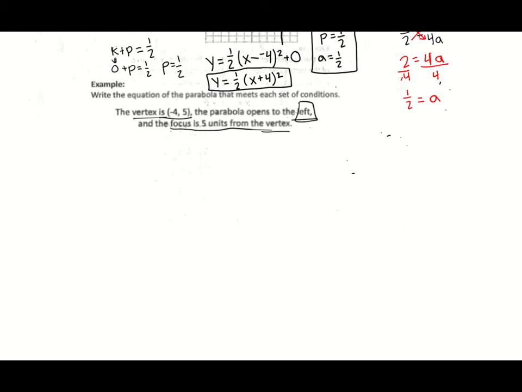That tells me that I'm going to use this equation right here. x equals a times y minus k squared plus h. Then I know that my vertex is -4, 5, and that point is h comma k. So I know my h equals -4 and my k equals 5.